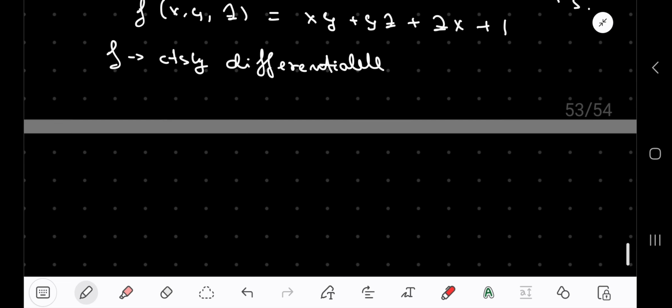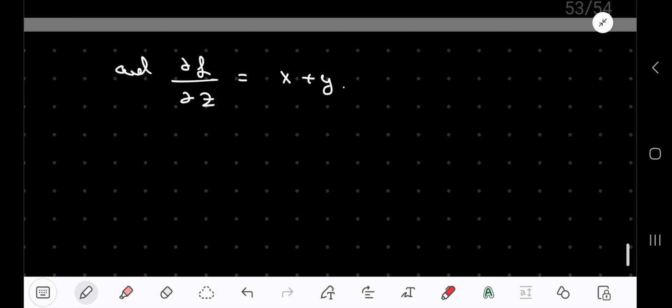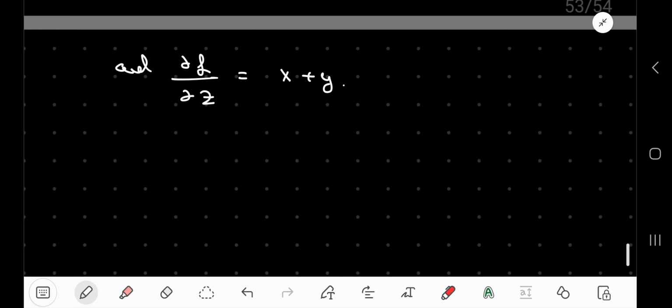And what is the derivative at z? It's just x plus y, right? I guess it should be better, yeah, it's y plus x, but still it's x plus y. Therefore, I need this derivative to be non-zero in order to talk about the implicit function theorem.